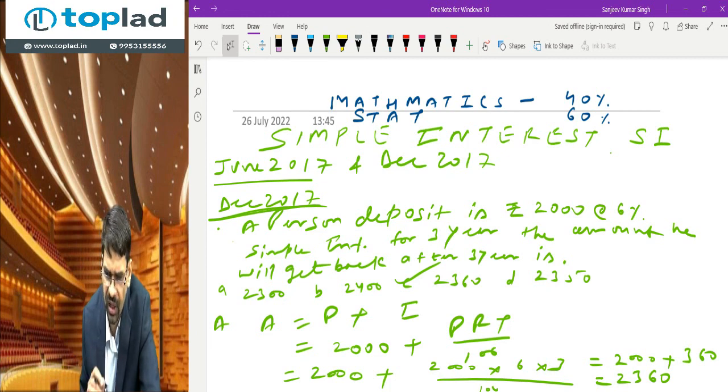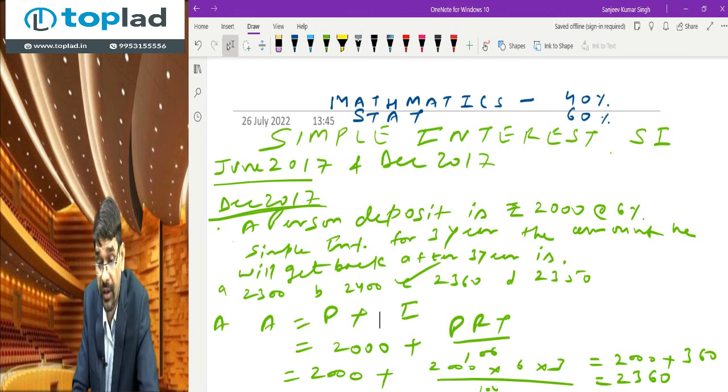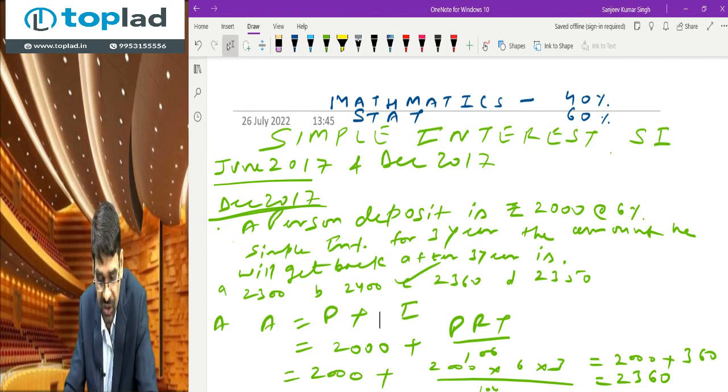But the first time, you have to write all the steps if you really want to remember the concept of this chapter, because this chapter is very practical.